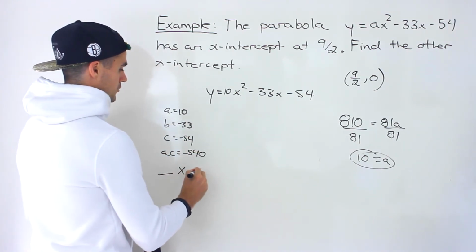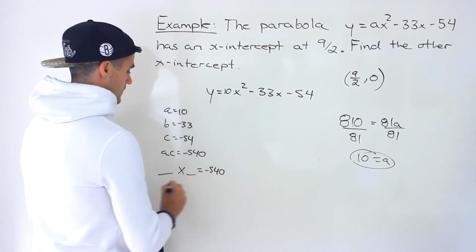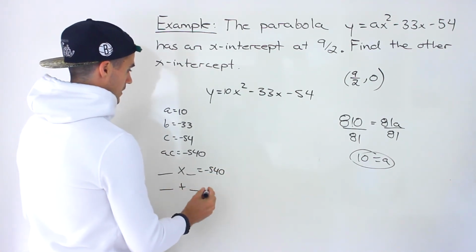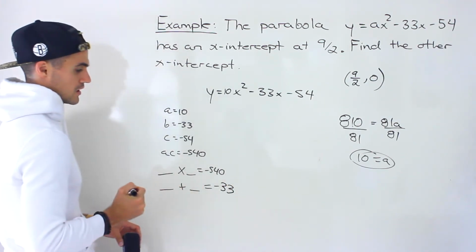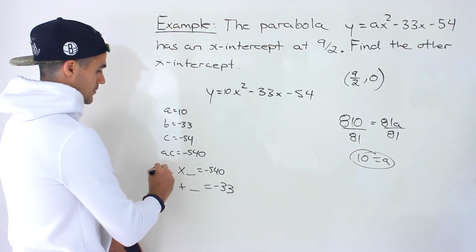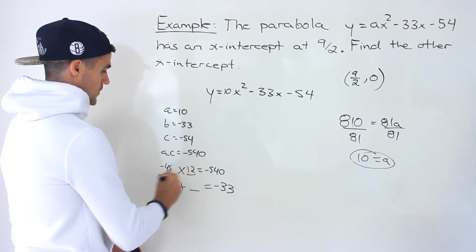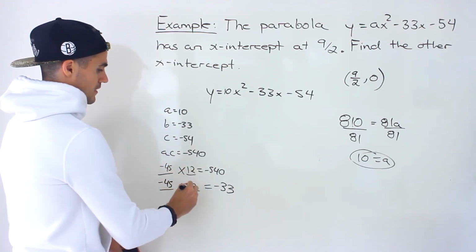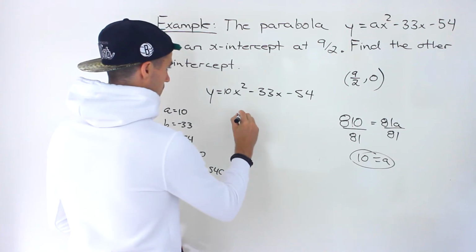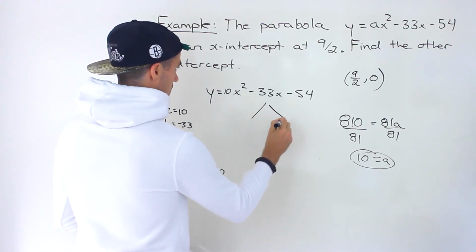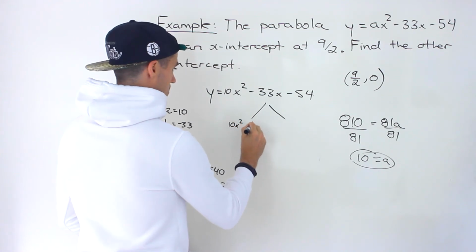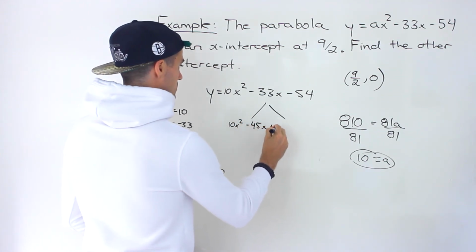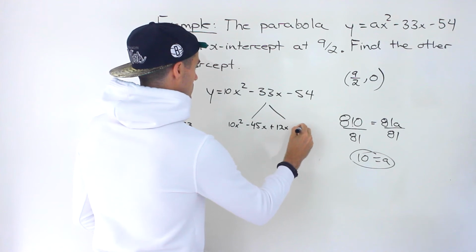What two numbers multiply to negative 540 and add up to negative 33? If you do some trial and error, those two numbers are going to be negative 45 and 12. So let's take this quadratic and factor it. We'll have 10x squared, and decompose that middle value into those two values.